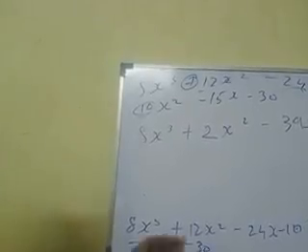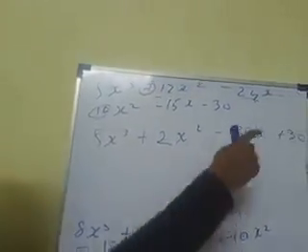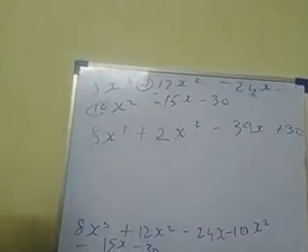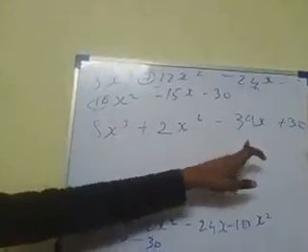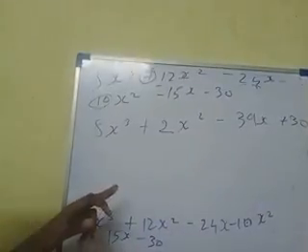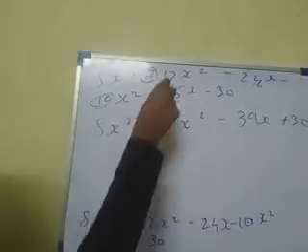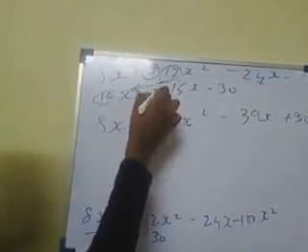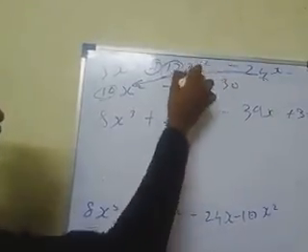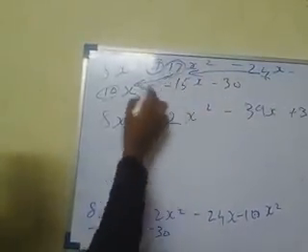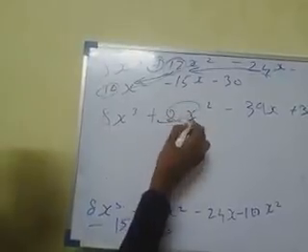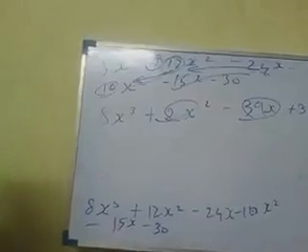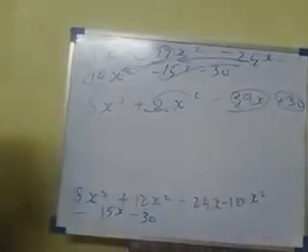We are subtracting the 10 from the 12, and we are adding this 24 plus 15. We will get 39, so minus 39x. We subtract the 10 and 12 and we get 2, and we just add these two numbers to get 39x, and the last number we put as it is.